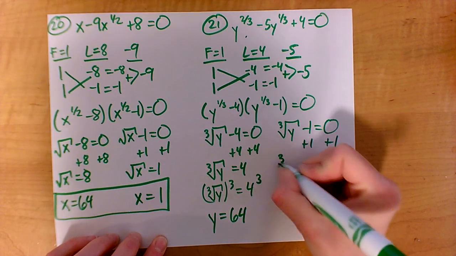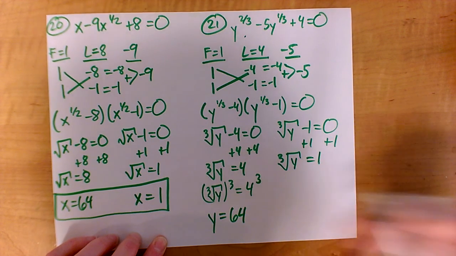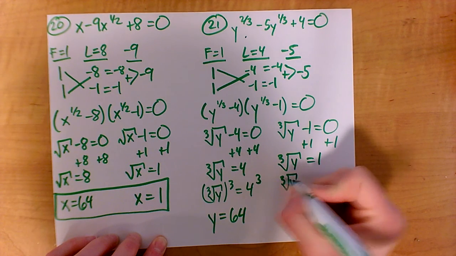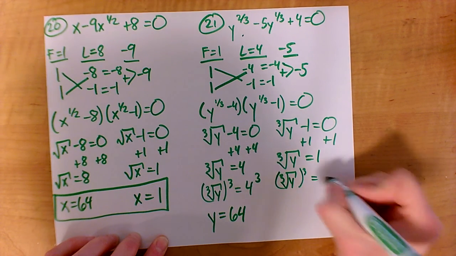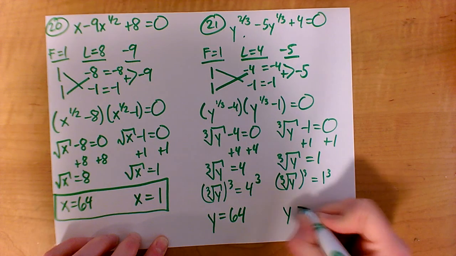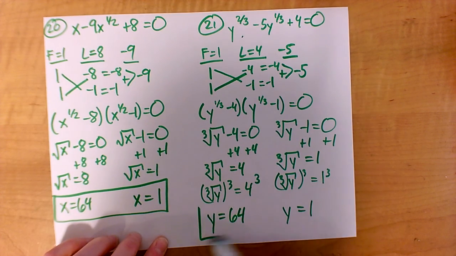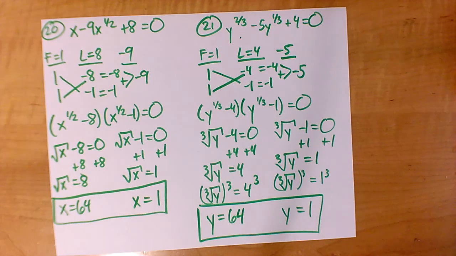And then I'll do the same thing on the other side, so I get the cube root of y is a positive 1, and then raise that to the 3rd power, and I get y is 1. So my two solutions here are 64 and 1, and we're all done.